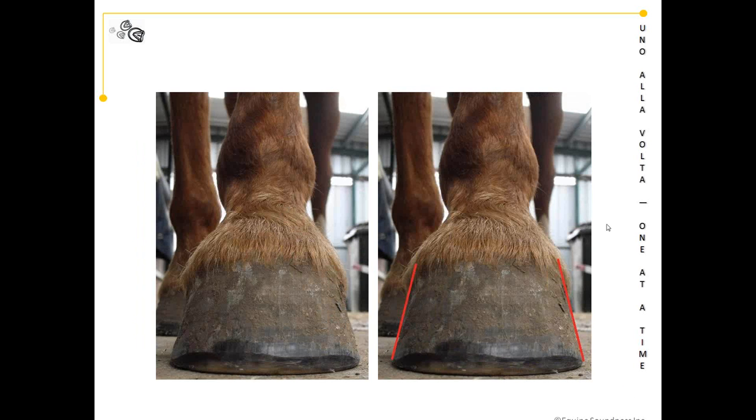I have pre-marked a few hoof capsules just to show you how they are different between different kinds of horses. For that reason and many other reasons, at Equine Soundness we do not teach a certain trim. We teach various methods of trimming for different shapes and kinds of hoofs.